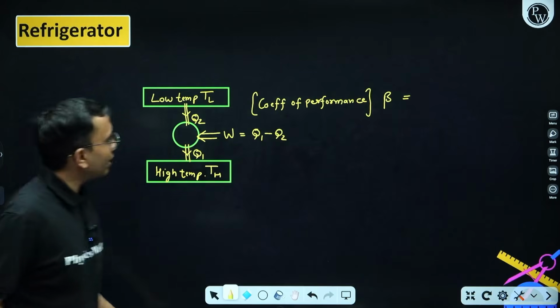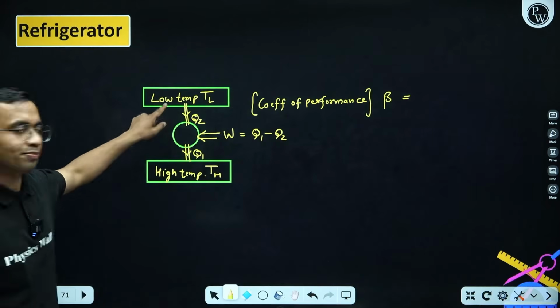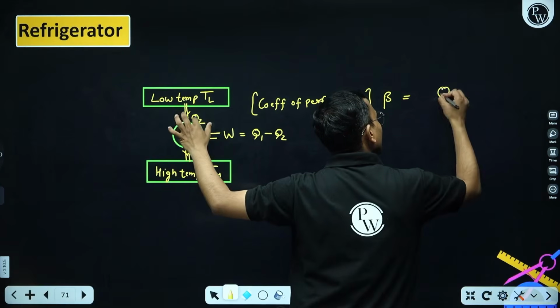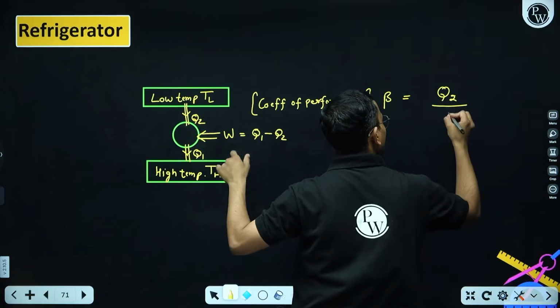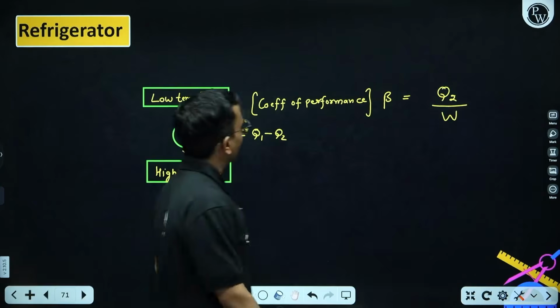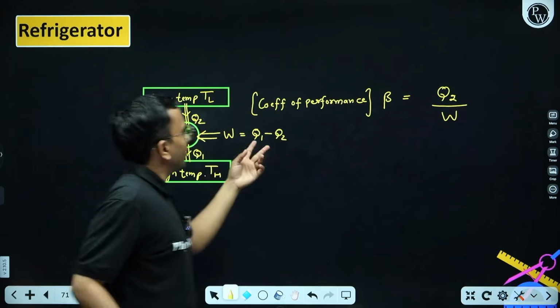So beta, here our interest is Q2, and what we are spending is W. So beta is Q2 divided by W, which is Q2 divided by Q1 minus Q2.